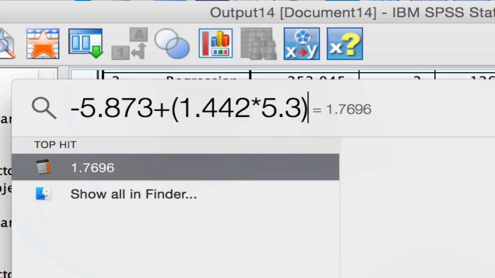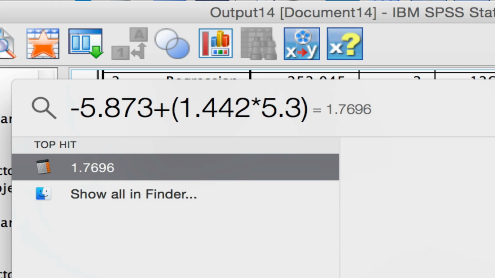So wherever we go, we're going to get an adjustment of 1.7696. So again, that's another reason why this relationship has to be the same, because we're not accounting anywhere for the fact that the relationship might be different.